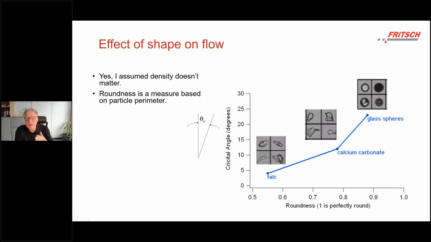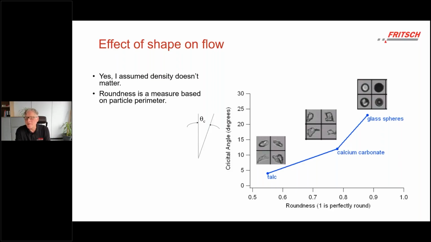So this is the angle of a wall where a powder made of this kind of particles, or of this material, will start to stick on the wall. And you see this talc sticks very, very quickly when you tilt a little bit the wall of your vessel or of a funnel or whatsoever.